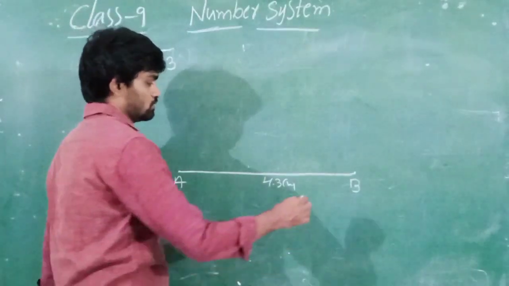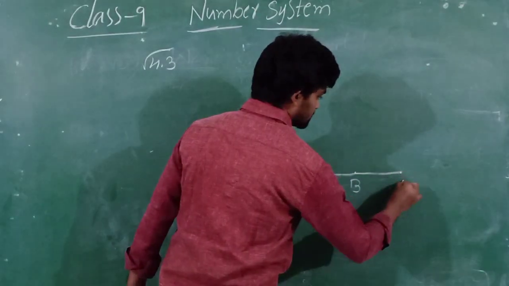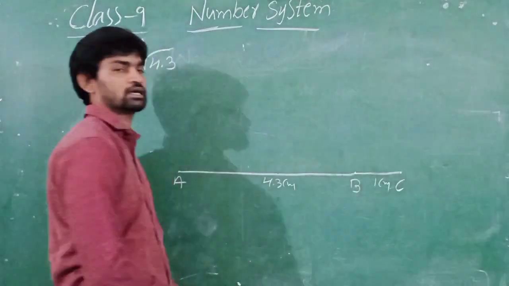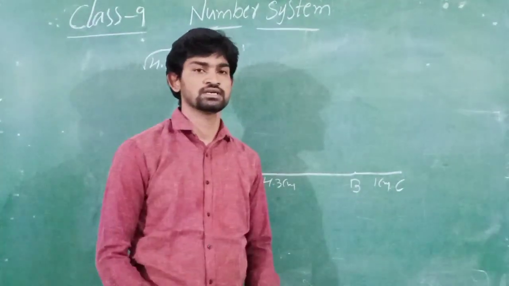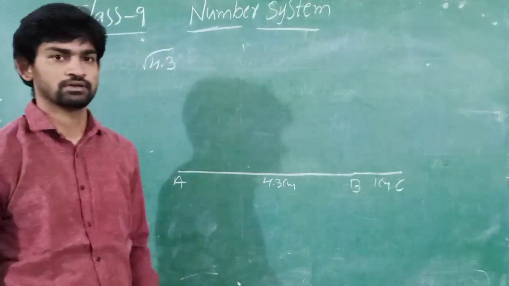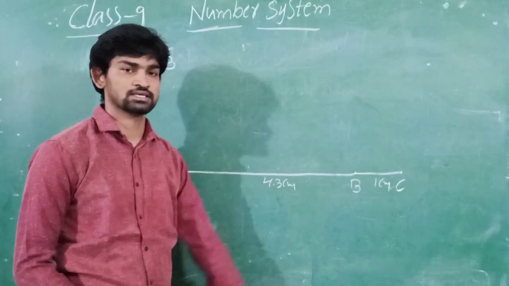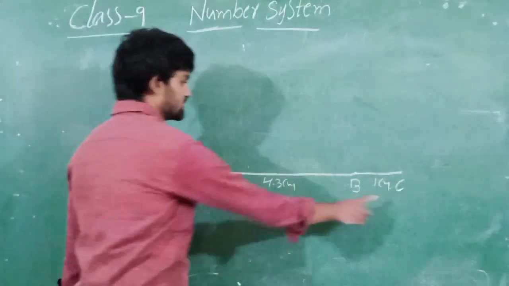Now, draw 1 centimeter which is an extension and mark it as BC, 1 centimeter. Okay, everyone is drawing this, right? Now, bisect the AC.